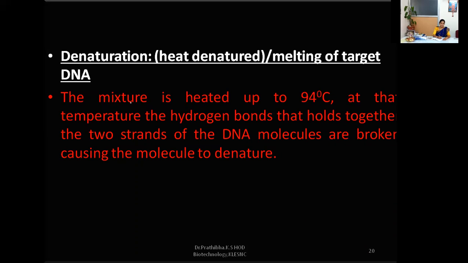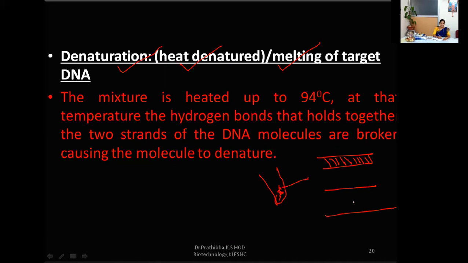Now let us understand the three mechanisms of PCR. The first one is denaturation. Here we are doing heat denaturation, that is nothing but the melting of target DNA. In the reaction mixture, the double stranded DNA molecule will become single stranded DNA after the denaturation process.